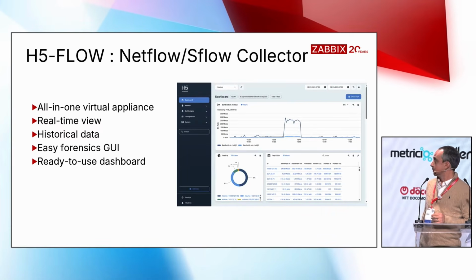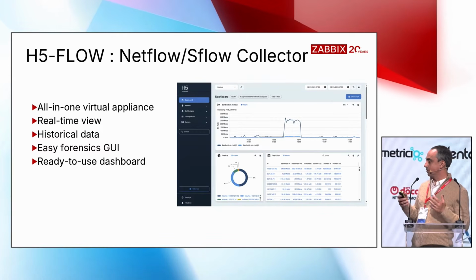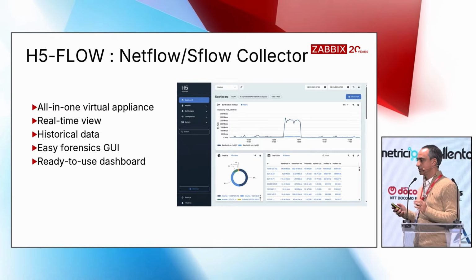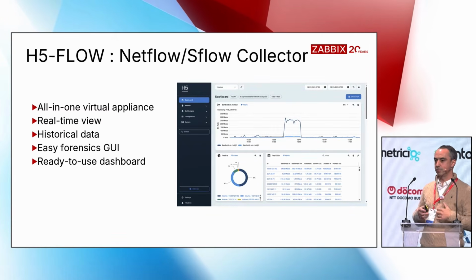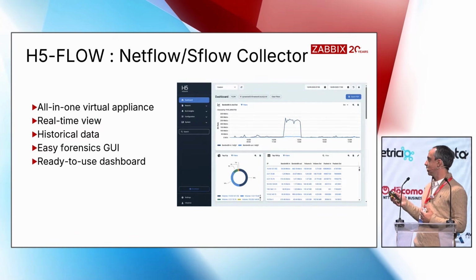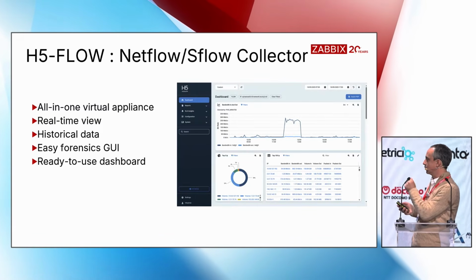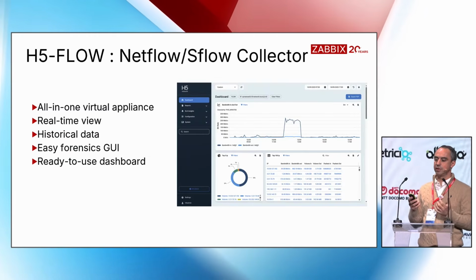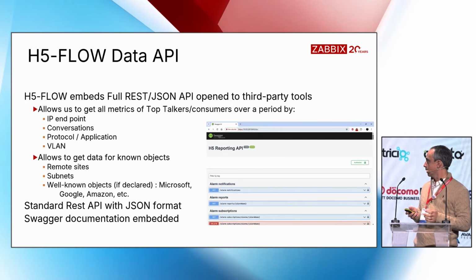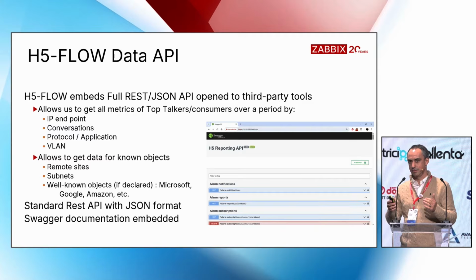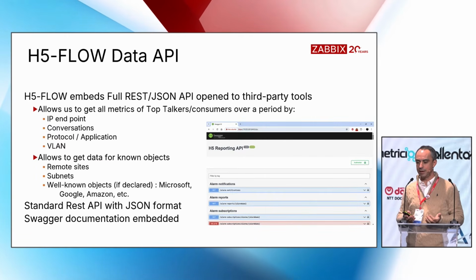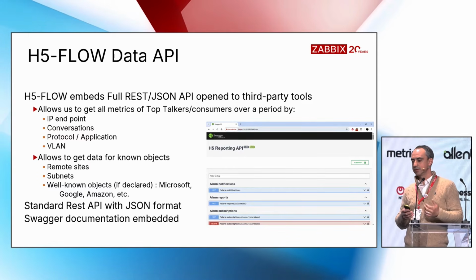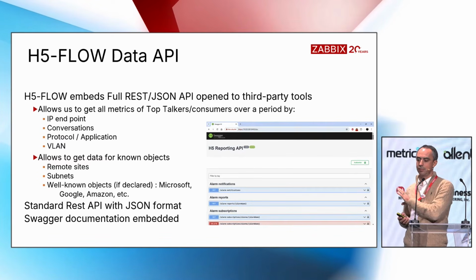So I'll present our tool. We have a tool called H5Flow that is a standalone NetFlow collector. It's a virtual appliance, and we have a real-time view and our GUI to make forensics, and the dashboard is ready to use in the tool. But we also have, on the tool, a standard full REST API, and everything you can do with our dashboard, you can do with our API.